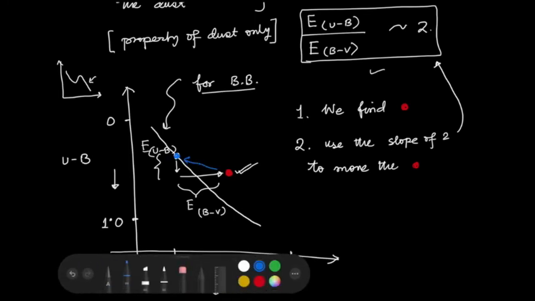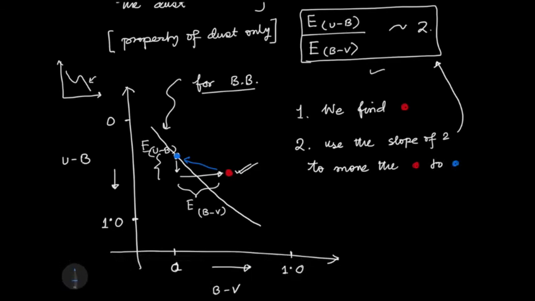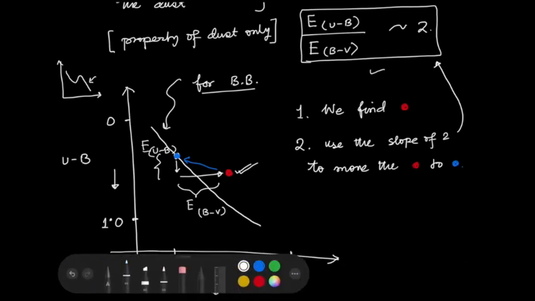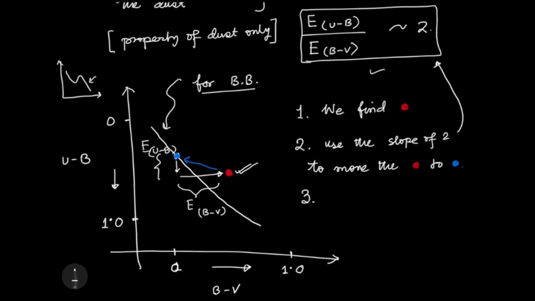So I move with a slope of 2. Okay, so once I do that, read the shift in the x-axis. This gives me E B minus V.